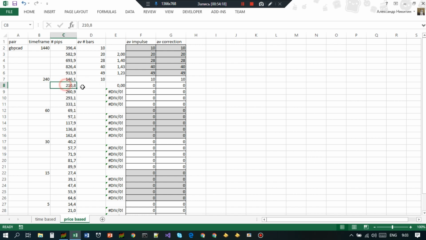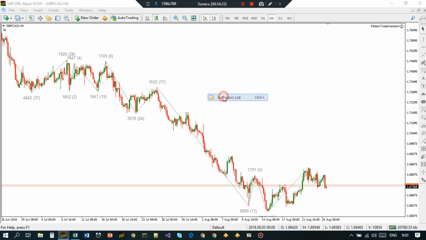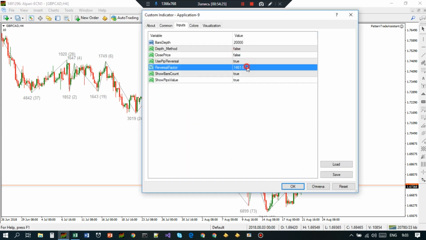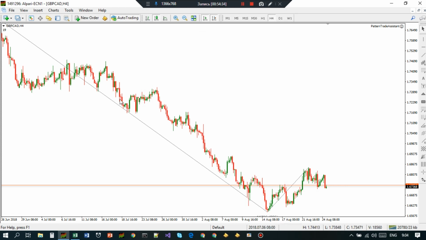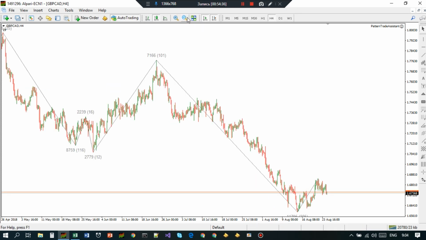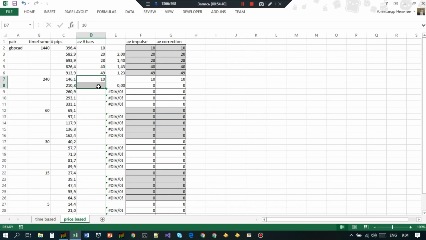Then if we use 2108, it is 200 pips basically, and we have 19 bars, and the correlation between them is close to 2.